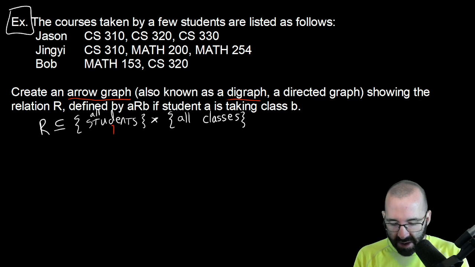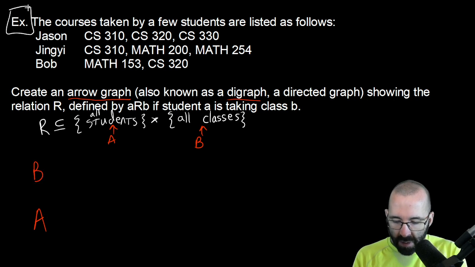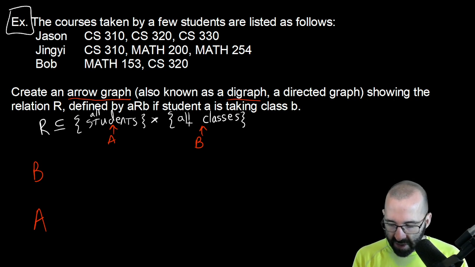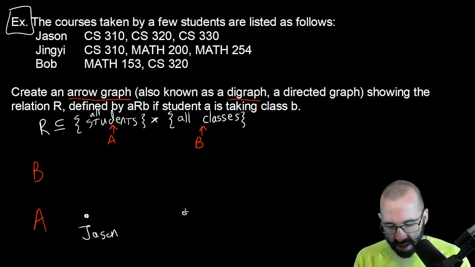So again, let's call this A, let's call this B to make things a little easier. Usually we write A on the bottom and B on the top, which feels a little backwards to me, but it is what it is. And then we're just going to have dots for each element in A. So this will be the Jason dot, this will be the Jingyi dot, and this will be the Bob dot.